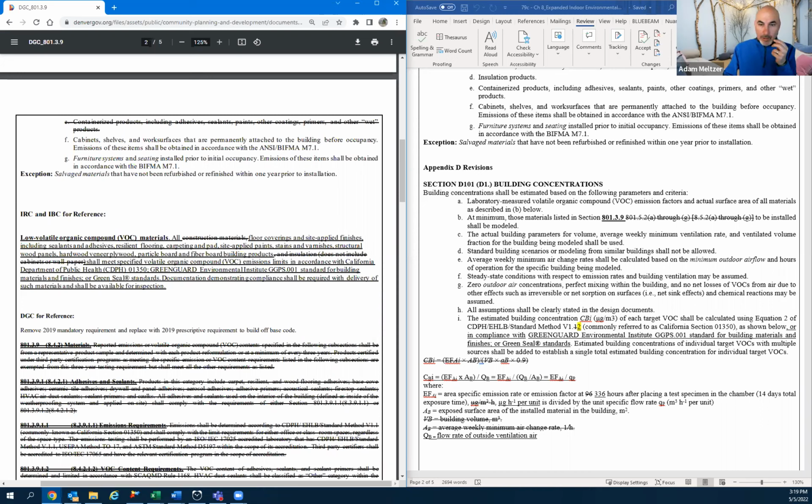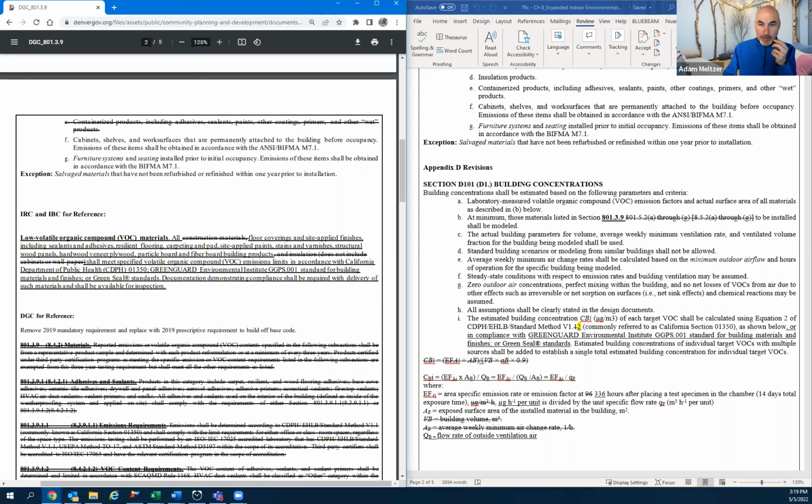The addition of the Green Guard certification, is that directly related to the VOC emissions, and are all the other standards within the other categories?